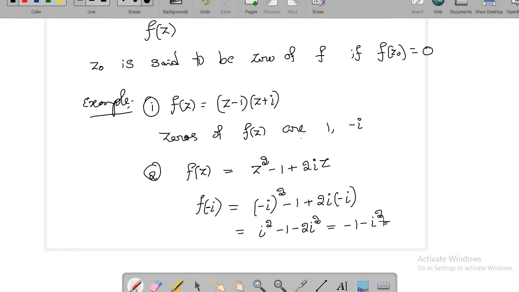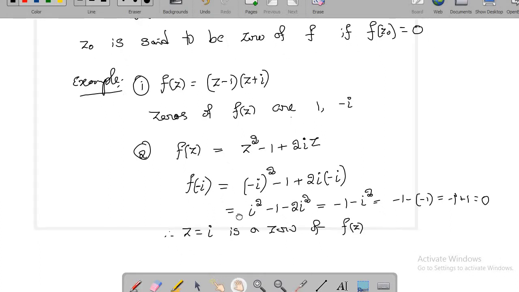But you know i square is negative 1. So negative 1 minus negative 1, that is negative 1 plus 1, gives you 0. Therefore, z equal to negative i is a zero of f of z.